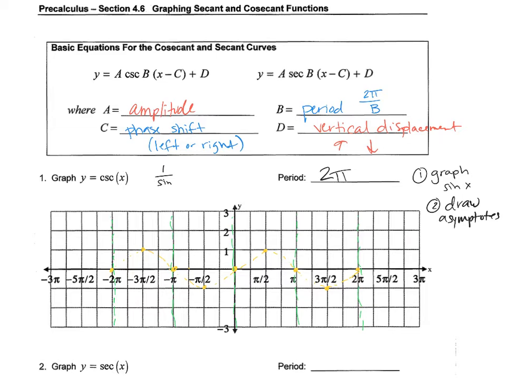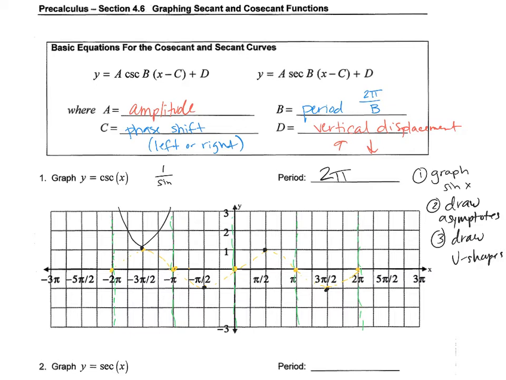The next thing we're going to do is draw U-shapes, and we're going to start those where we have maximums or minimums. If it was a maximum, it becomes a minimum, so my graph goes up like that.